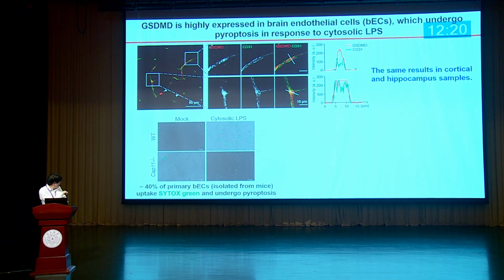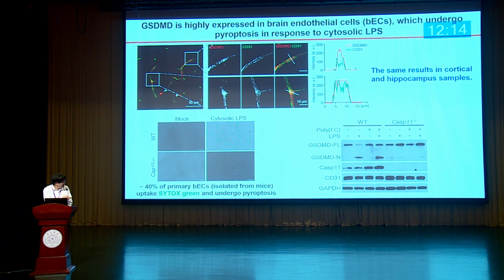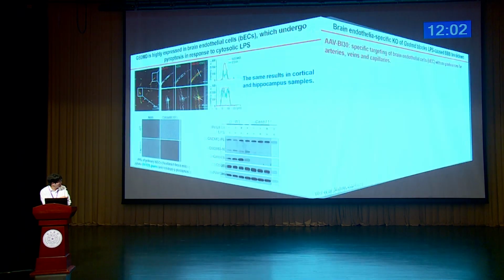If you do that in caspase-11 knockout primary brain endothelial cells, you don't see that. By Western blot, you can clearly see gasdermin D cleavage by LPS-activated caspase-11 into the pore-forming active form, and this was not seen in the caspase-11 knockout brain endothelial cells.